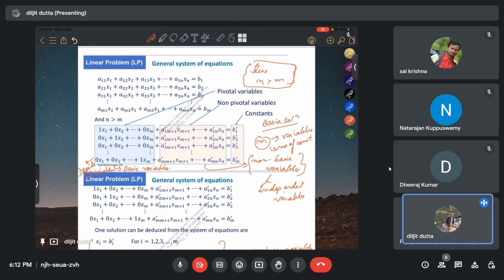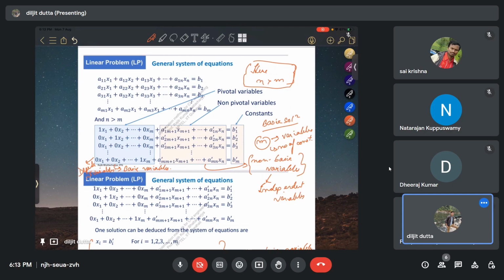Once we have segregated the basic and the non-basic variables, we will do the pivot operation. That is, for each equation we will keep only one basic variable, with the coefficient of that basic variable as 1 and the coefficients of all the other basic variables as 0.